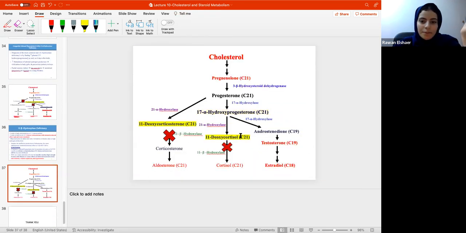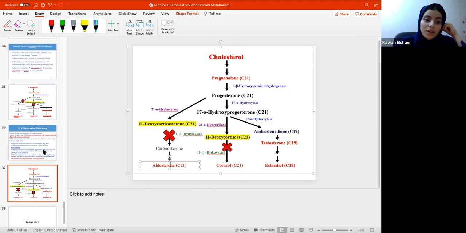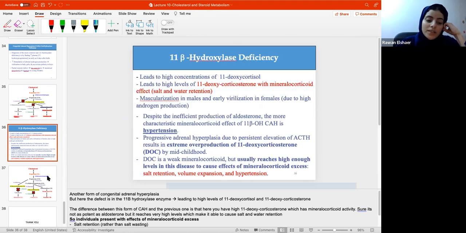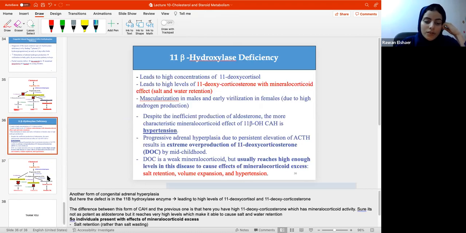This pathway is going to be stimulated a lot because your body is trying to produce cortisol, but you're not going to be able to produce cortisol nor aldosterone. So you're going to have high levels of this and high levels of androgens. So in both the 11 beta hydroxylase and the 21 alpha hydroxylase deficiencies, they will have virilization and masculinization. That's why I said it's important to know the functions of androgens, okay?